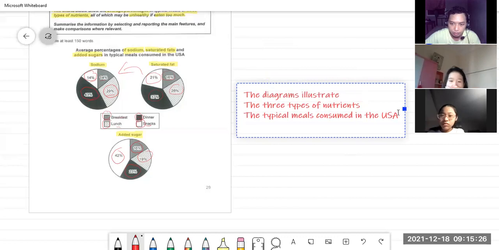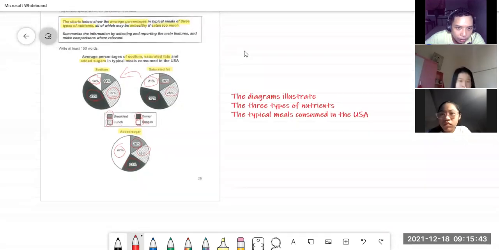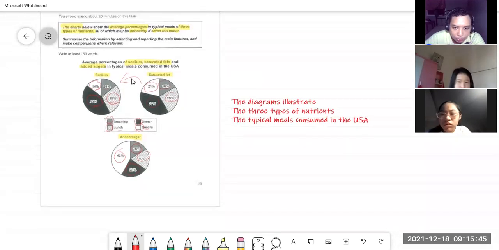Okay, next. What else is the point? What can you see in the diagrams? Are these healthy food or healthy types of nutrients or not, if eaten too much?